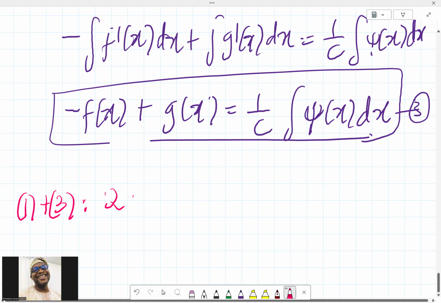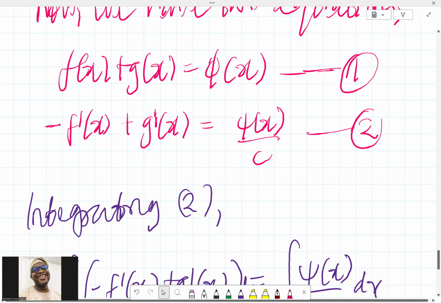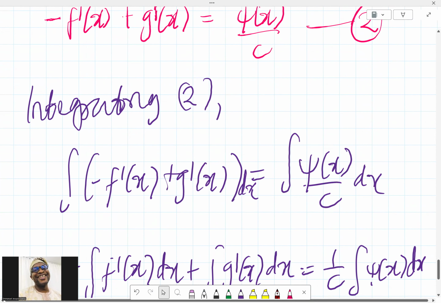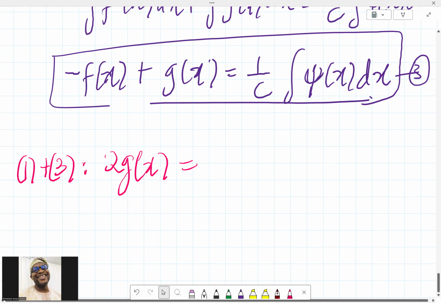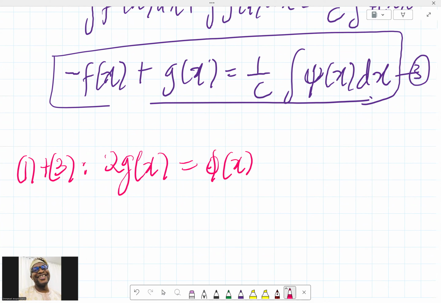That gives us 2g of x equals, on the right hand side, we are also adding, so this is phi of x plus this integral, 1 over c integral of psi of x dx.